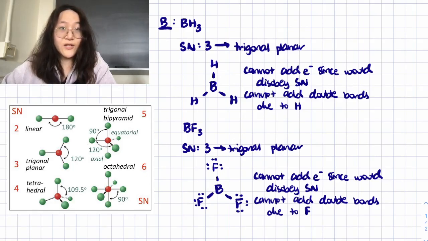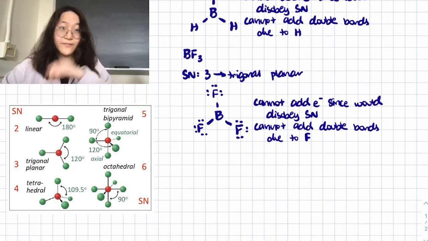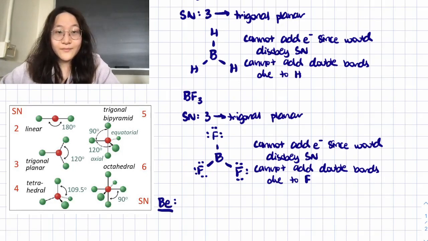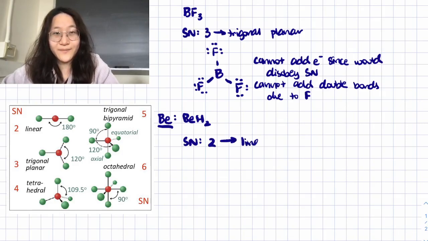Next, we want to talk about two more examples, this time in relation to beryllium. Let's take a look at BeH2. If we calculate the steric number for BeH2, we find that the steric number is 2, which corresponds with a linear molecular structure.